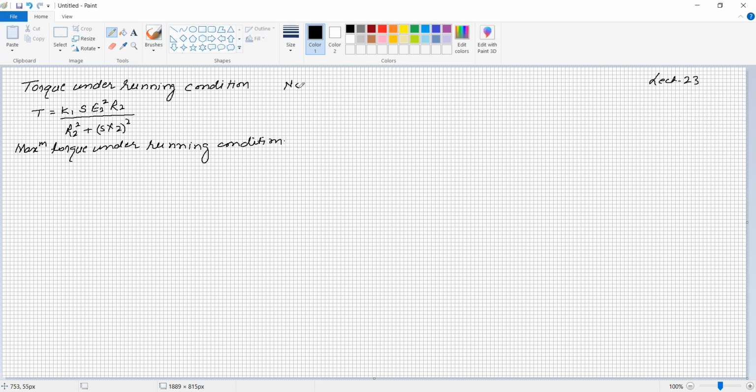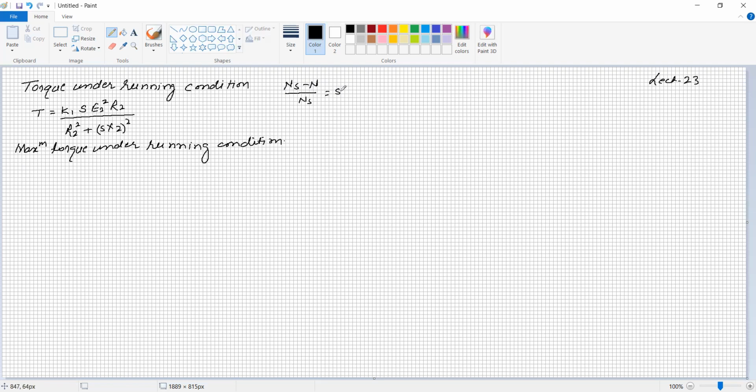Slip is (ns minus n) upon ns. As the load increases, there is a slight decrease in the speed. Therefore, the slip depends upon the load condition; as the load increases, the slip also increases.